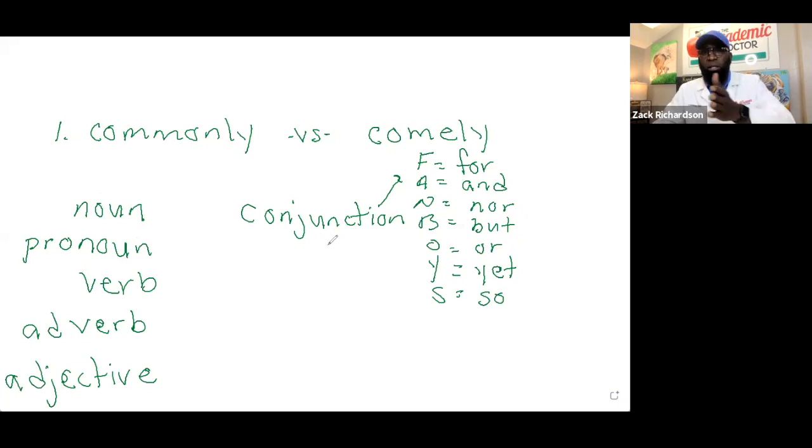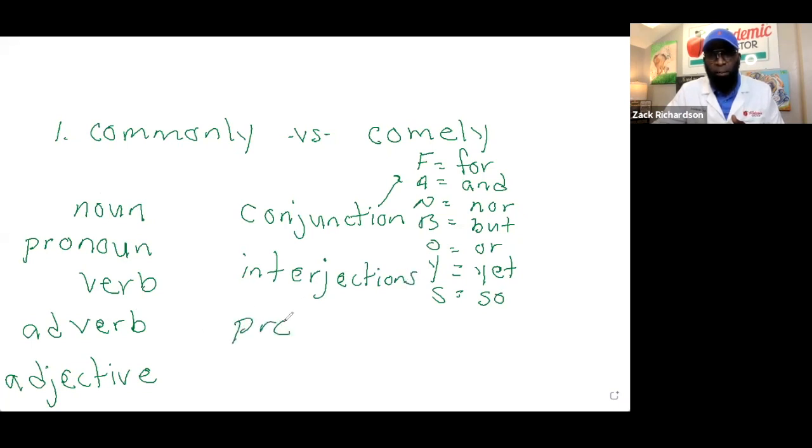And then I go with the longer stretch words with conjunction, and then we have interjections. And then we conclude with the word preposition. And I beg of you, please learn the 8 parts of speech. And when you do, you can beat anybody at this test game.